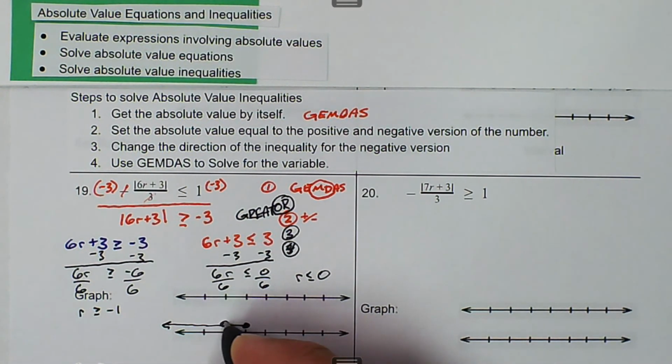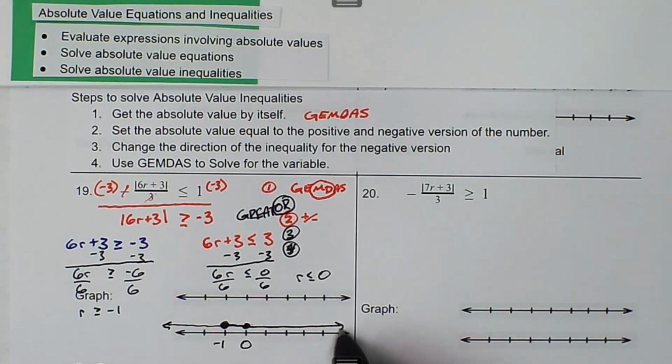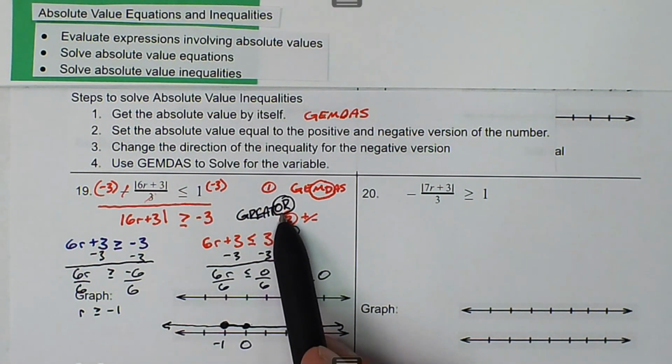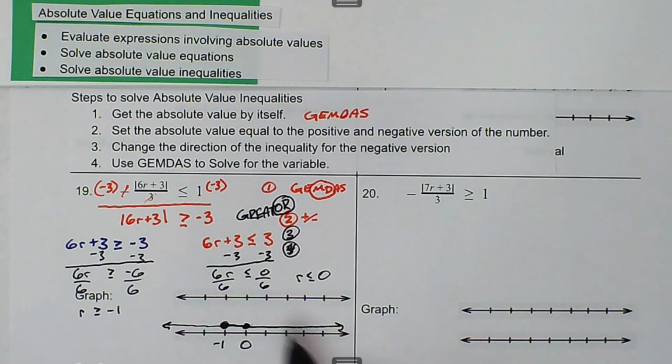So we have another closed dot at -1, and then we're going to shade to the right. Because it's or, the solution for this is going to be all real numbers.